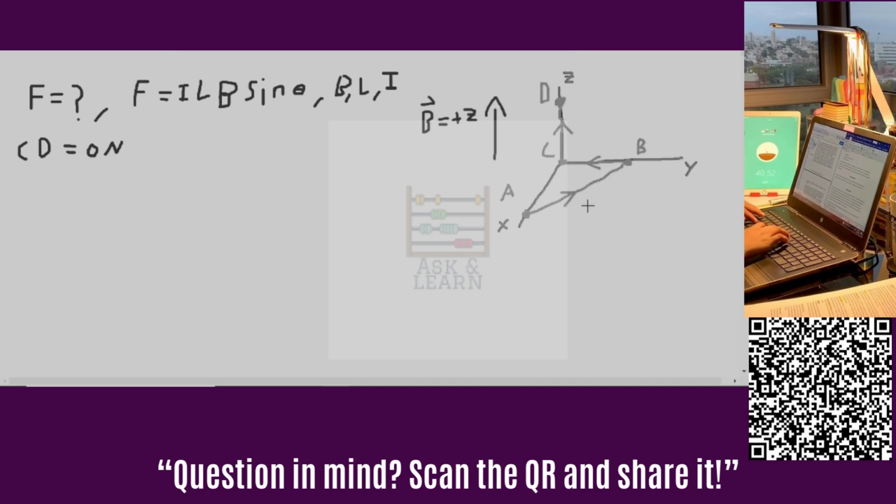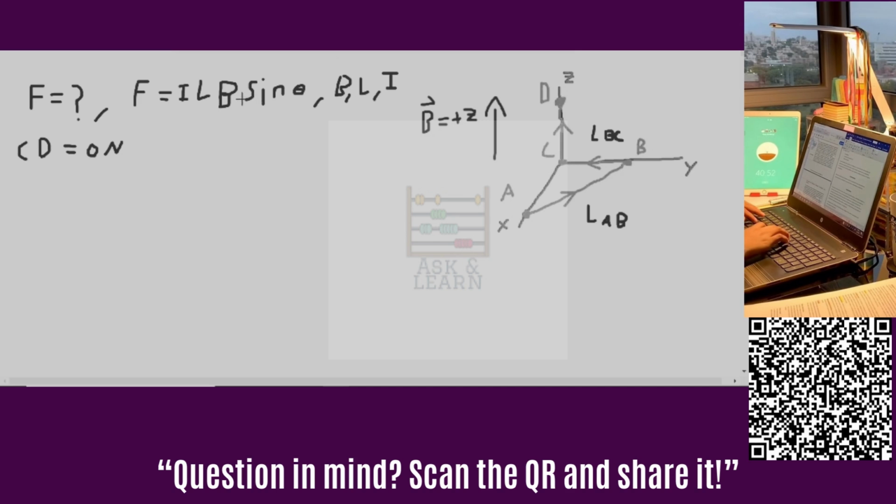So we'll need the length from A to B for the first part, and you'll need the length for B to C for the second part. And then of course C to D is 0. So you simply plug in the length for L; B and I stay the same.